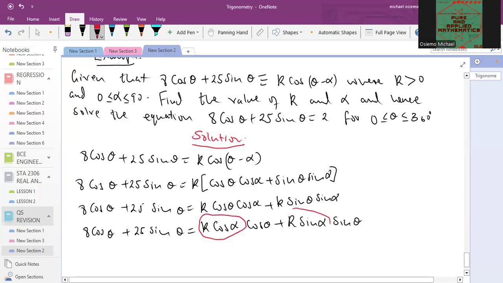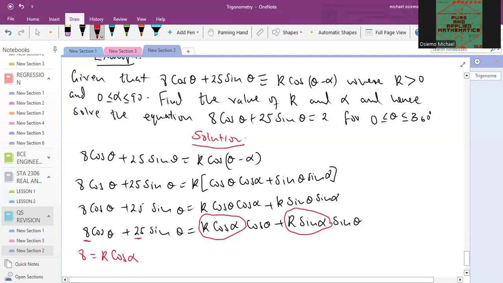If you check this part here, if these two sides are equal, then the coefficient of sin theta and the coefficient of cos theta must be equal on both sides. In this case, we know that 8 will be equal to the coefficient of cos theta on the other side, which is R cos alpha.